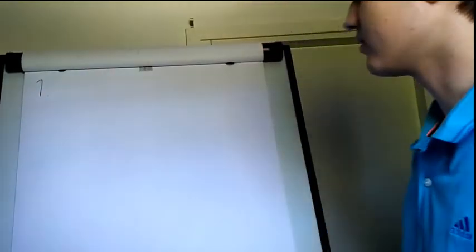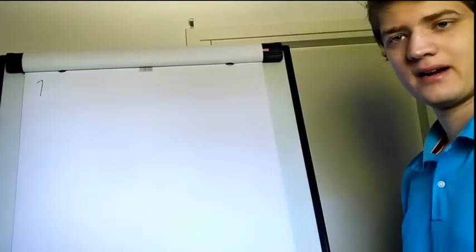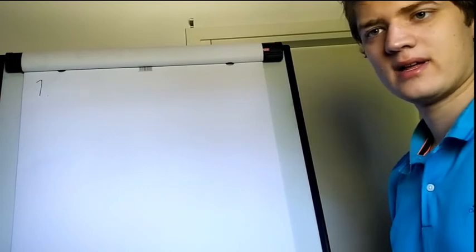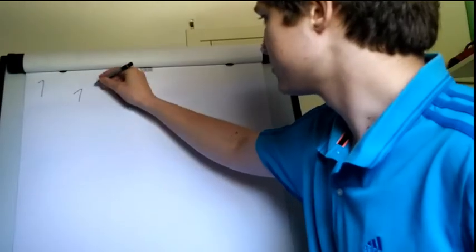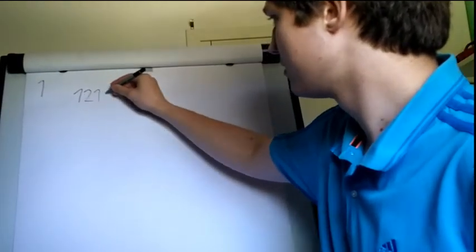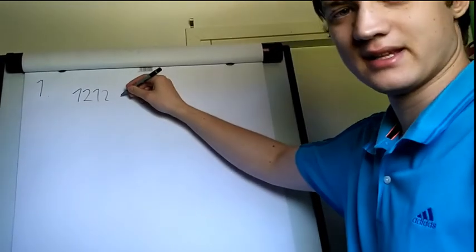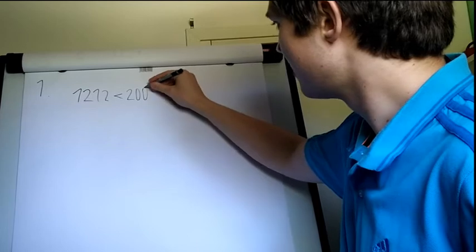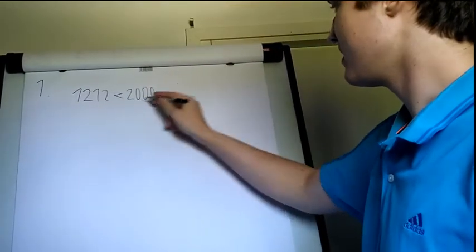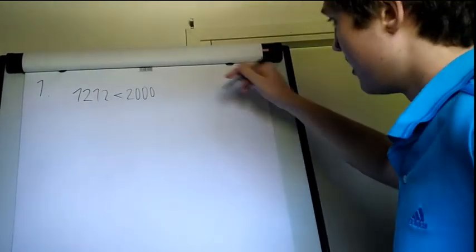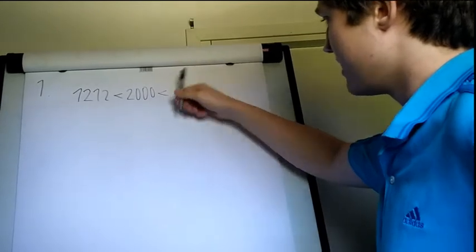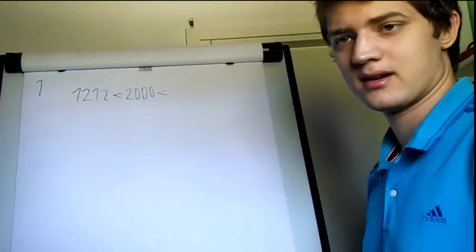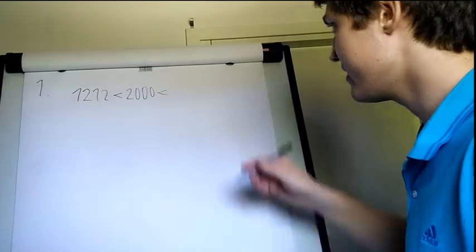In this one, we had to compare two numbers, and we can start from the fact that 1212 is of course less than 2000. This is a phase in the middle that may not be required to be written there, but I'll write it there for clarity.